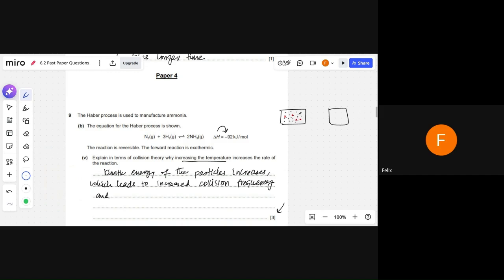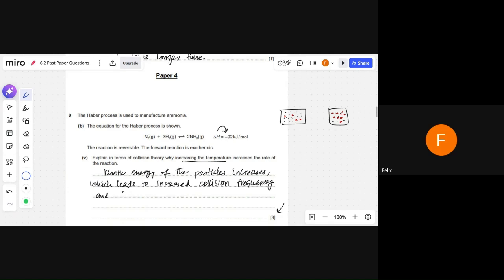The black ones with lower energy will not result in effective collisions. Similarly, when the temperature is increased, the number of particles having achieved the activation energy increases, right? So now more particles have the activation energy, and there will be more successful collisions. So we need to incorporate this third point as well, which is related to the temperature change.